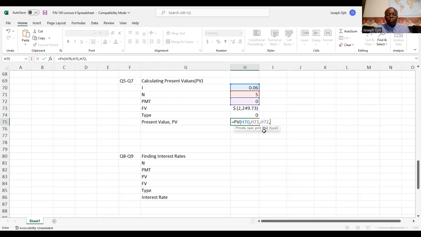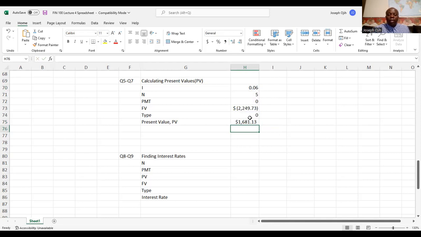Future value, okay, that's right here. Then type, see 0 for end of period or 1 at the beginning of period. So click on 0, close the parenthesis and press the enter key. See, you get the answer right there. Okay, $1,681. So this is how much this bond is worth today. This is how much you pay for this bond.